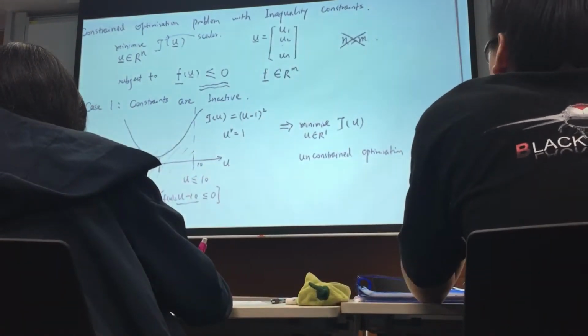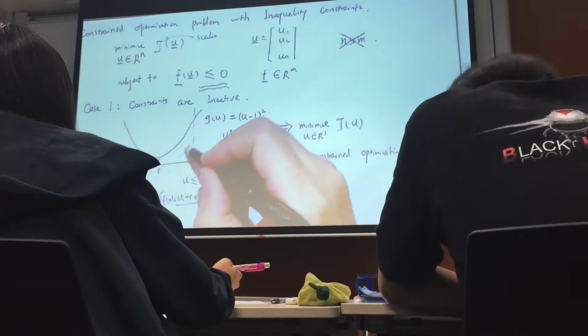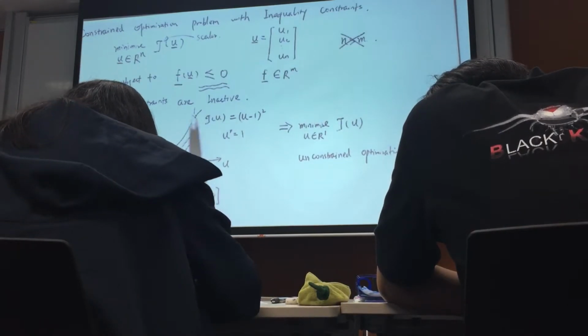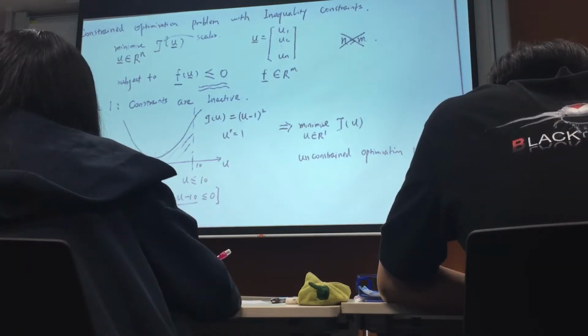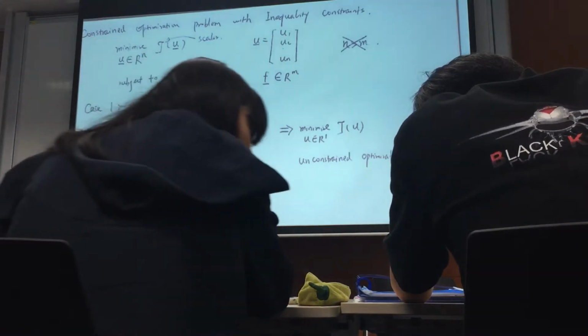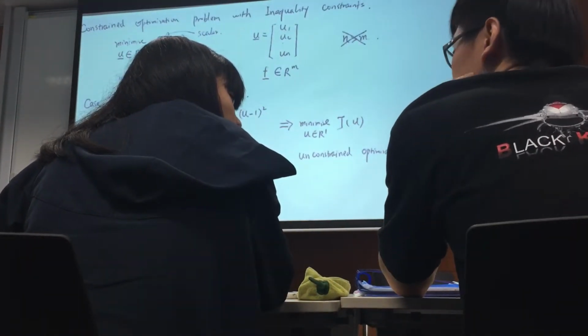So the idea is quite straightforward, right? So we define a constraint, a range for the control input. However, the global minimizing point is within the range, so it's inside the boundary.